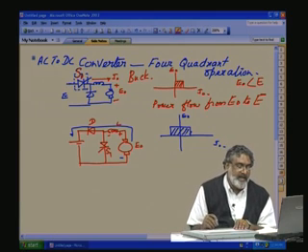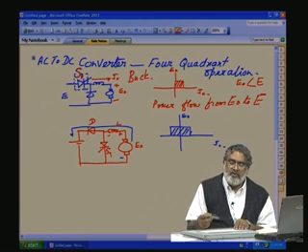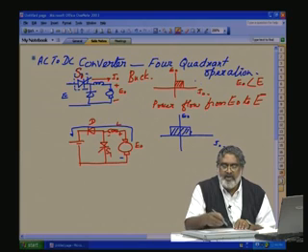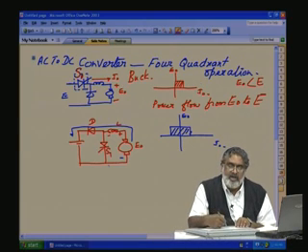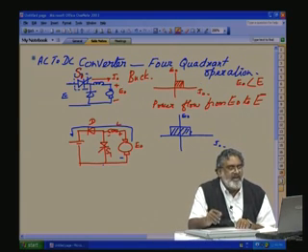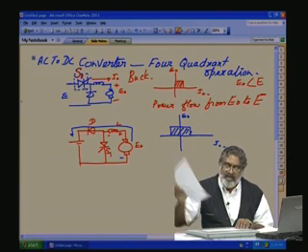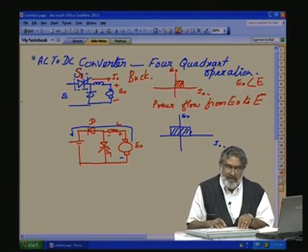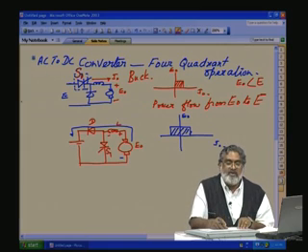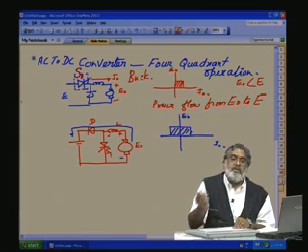Okay. Now, for one quadrant we use the buck converter, for two quadrant we use the other converter. Can we combine these two so that the circuit can buck as well as boost? That means power can flow in both directions.